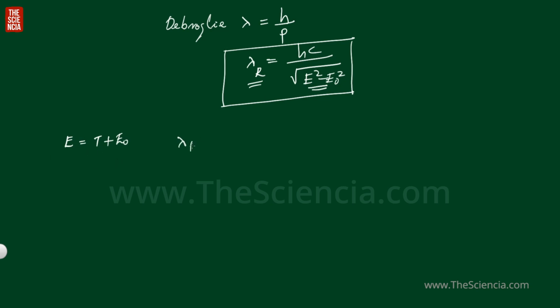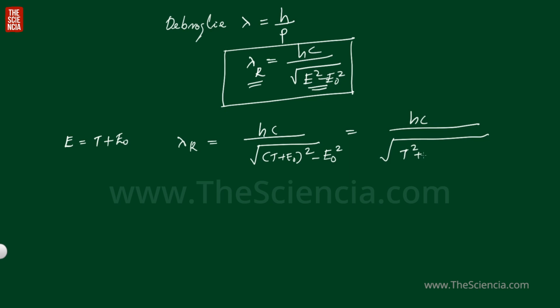So I get lambda r is equal to hc by root of (T plus E0) all square minus E0 square, that is equal to hc divided by root of T square plus 2T E0 plus E0 square minus E0 square. So the E0 square terms cancel and we get lambda r in another form, that is hc by root of T square plus 2T E0.